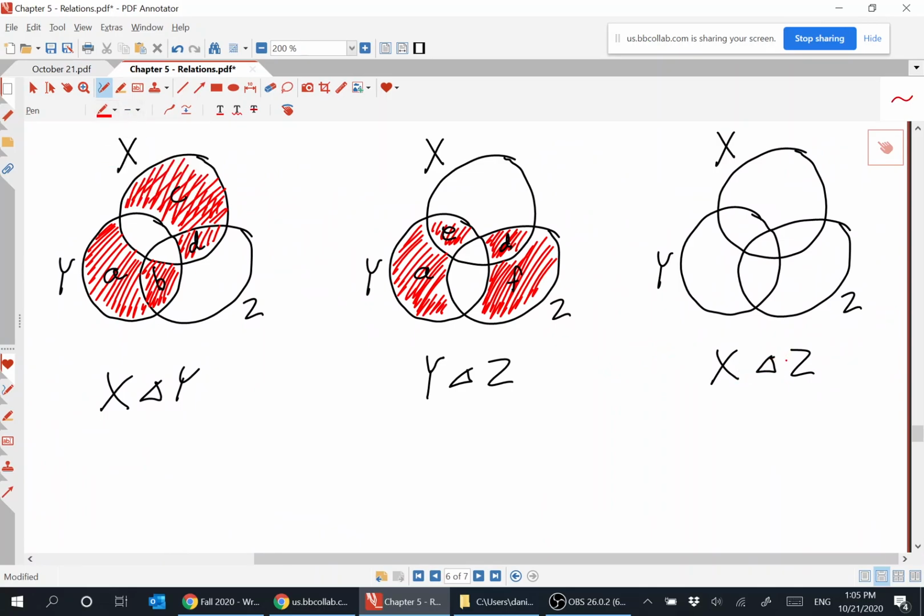And then X symmetric difference Z would consist of this cell, this cell, this cell, and this cell.